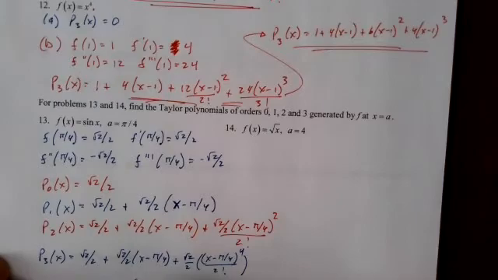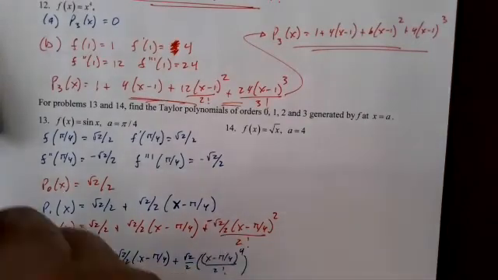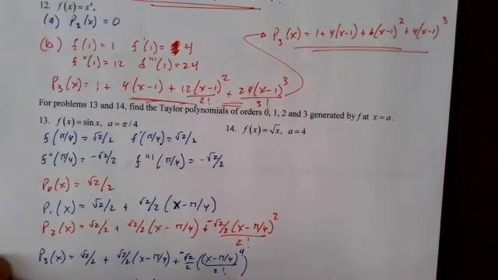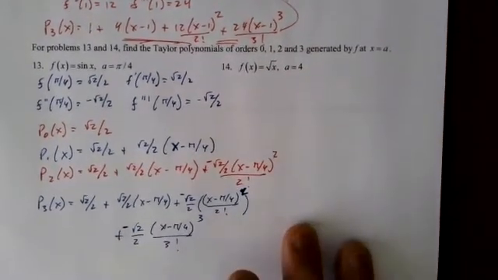Oh, I forgot my negatives. Oof. That's what happens with these problems. You start going crazy. Negative root 2 over 2 (x minus pi over 4) cubed over 3 factorial. Sorry about that.